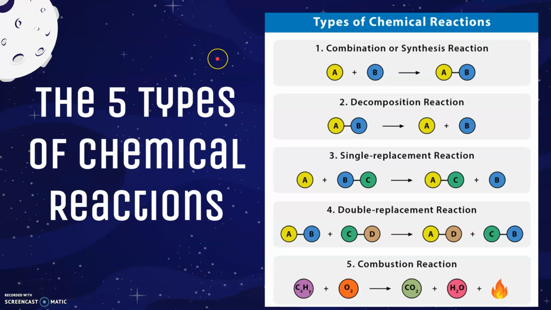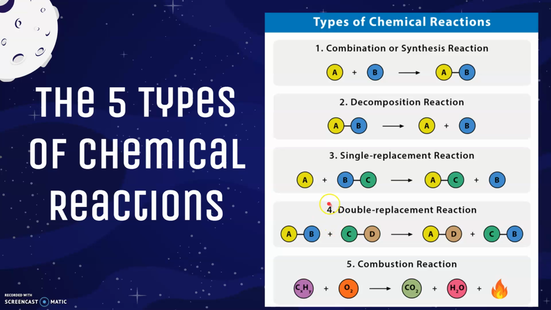All right, here's kind of an overview. These are the 5 types that we're going to look at. Now if you are in a different class, taking this in college, at University of Kansas, University of Missouri, at Harvard, wherever you're at, there are some different variations, but for us, these 5 are going to work fine.